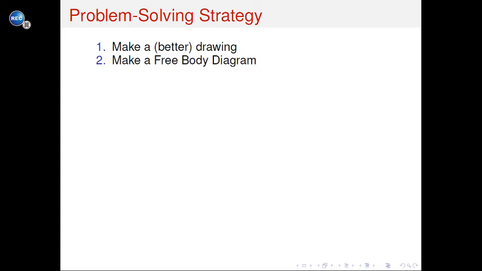So if we're solving problems, we need to go through a certain process which has a lot to do with the process for kinematics. So you're going to want to make a better drawing, something that can include all the information. And in particular, you're going to make a free body diagram. A free body diagram is a way of organizing the forces so that you can sort of see what's going on.